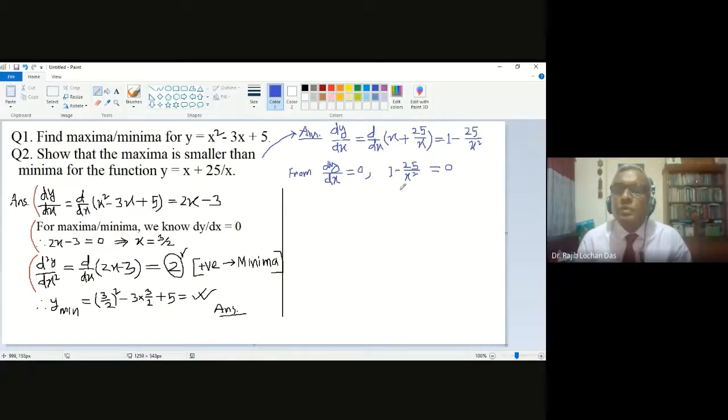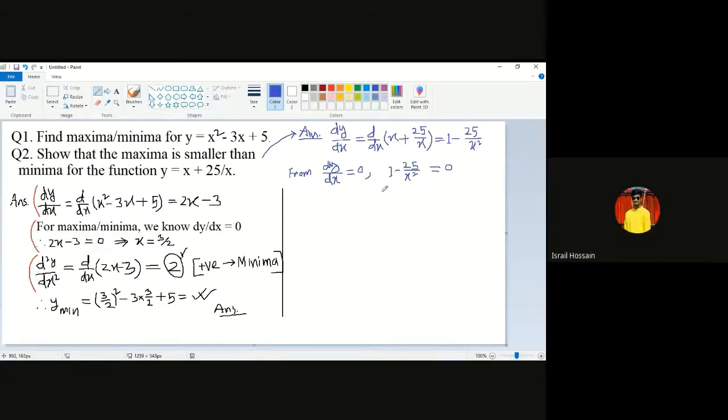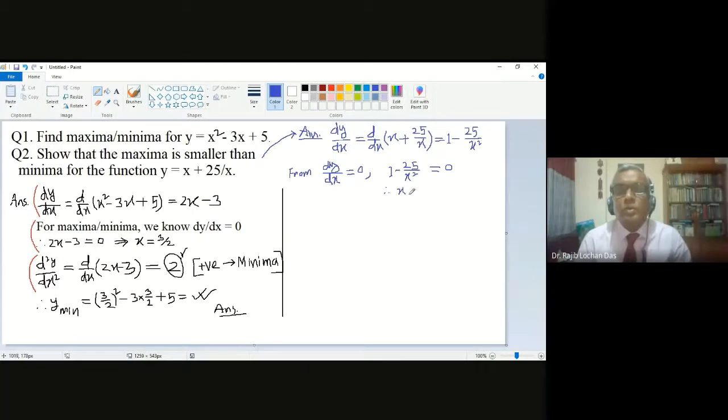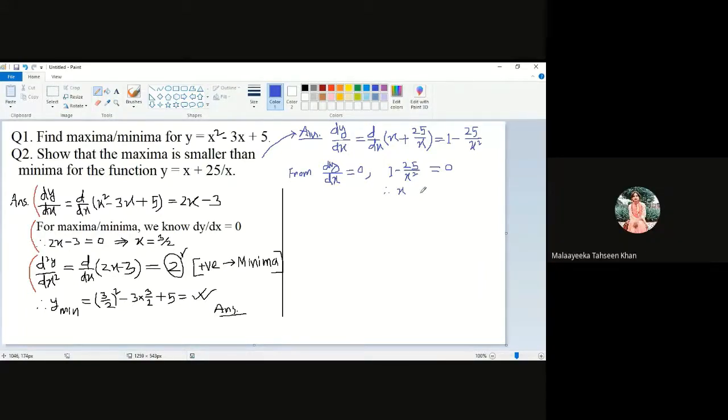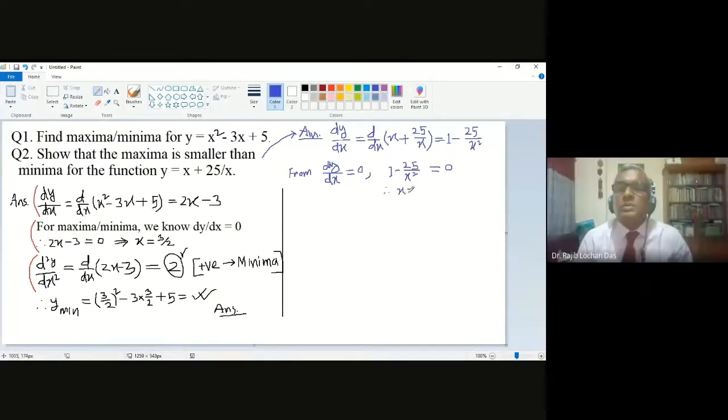Root over 25, so plus 5 or minus 5. Why 24?